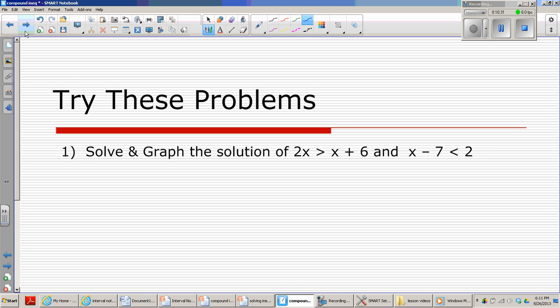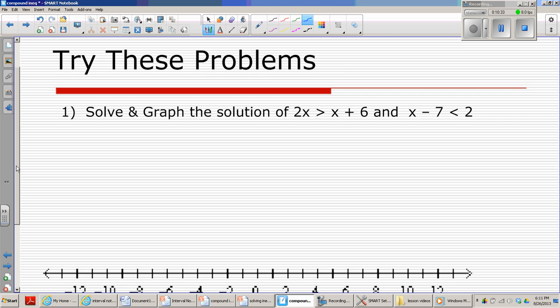All right, let's try another one together. 2x greater than x plus 6 and x minus 7 is less than 2. First thing we need to do is solve for x. I'm going to get all my x's on one side, so I'm going to subtract x by like terms.